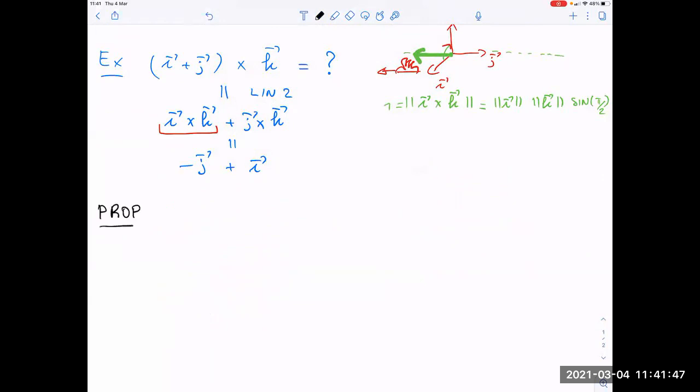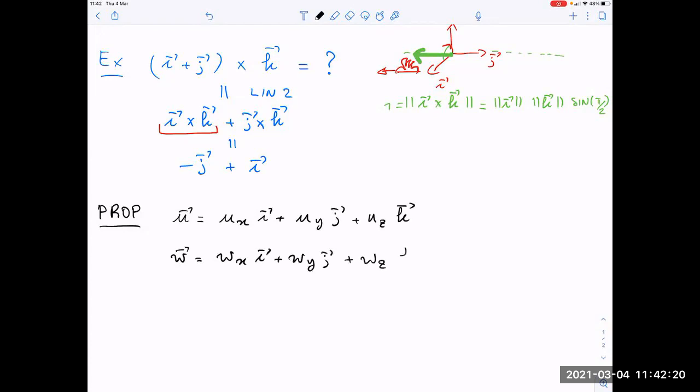So how do we compute the cross product in components? Well, say we have u, and in components it is Ux i, Uy j, Uz k, right? And then we have, say, w, Wx i plus Wy j plus Wz k.